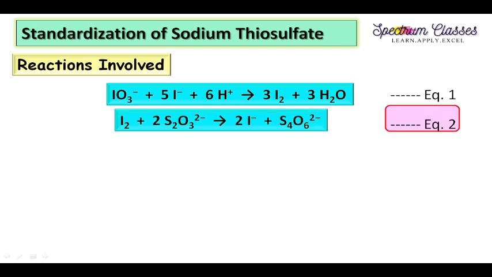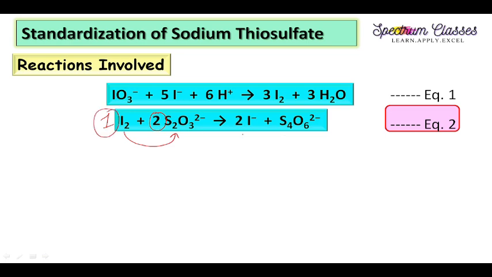The second equation is this: the iodine which is released over there will react with the sodium thiosulfate. I again wrote this sodium thiosulfate, Na2S2O3, in the ionized form, right? So here 1 mole of iodine reacts with 2 moles of thiosulfate.